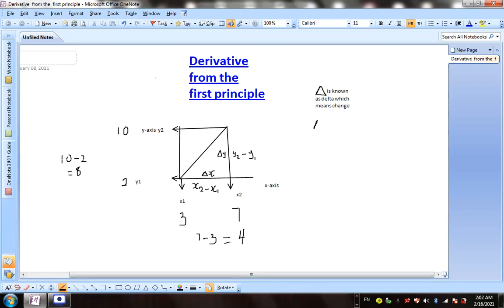Now if we have dy, we mean the increase in y, which is y2 minus y1. Now if we have dx, we mean x2 minus x1.